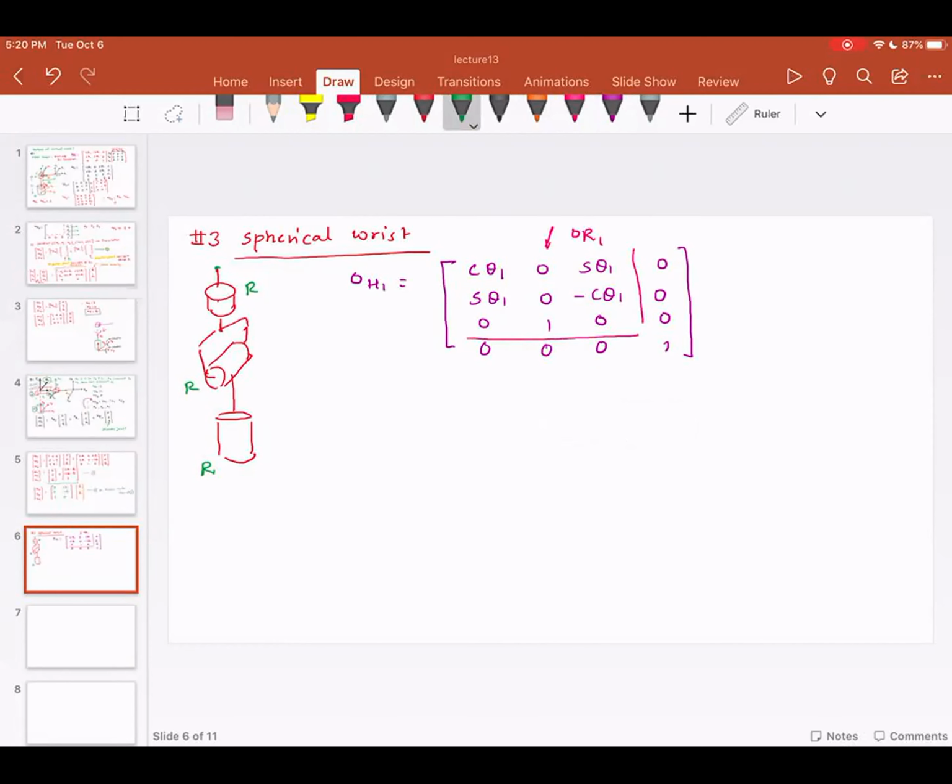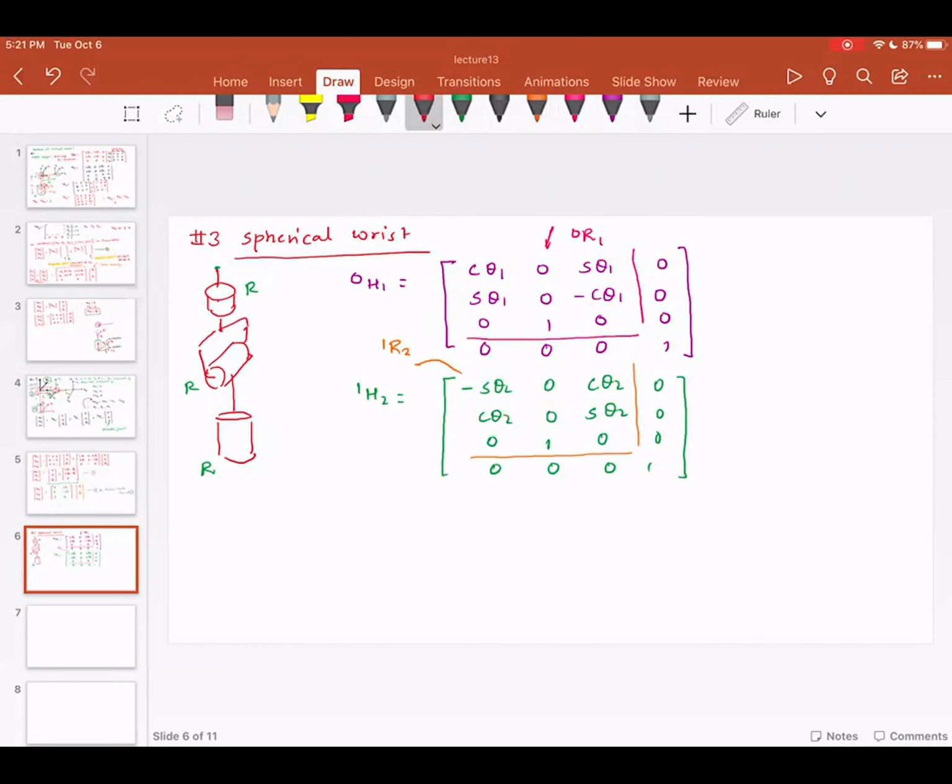The next matrix that we derived is 1H2. In 1H2, I have minus sine theta 2, 0, cosine theta 2, cosine theta 2, 0, sine theta 2, 0, 1, 0, 0, 0, 0, 1, 0, 0, 0. Please note, this guy is 1R2.